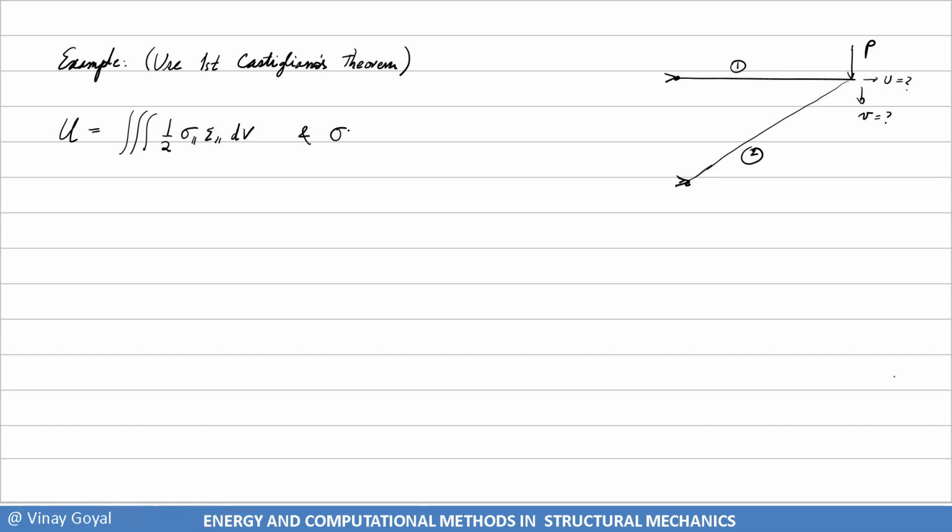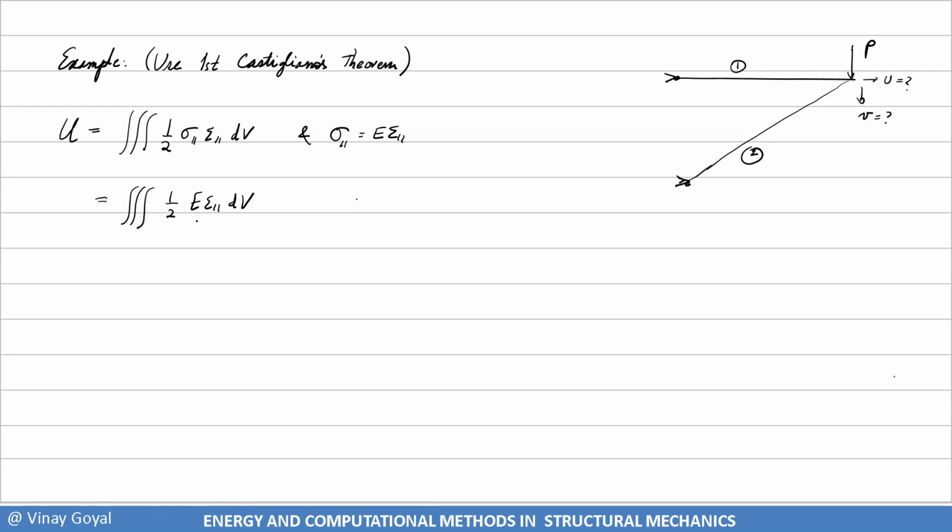And we know that sigma 1,1 is E epsilon 1,1. So that makes everything very quick and simple. And for an axial bar, we know that the other strains are 0. And I don't have any bending, so it's even simpler. I have 2 bars, so I can simplify it even further.